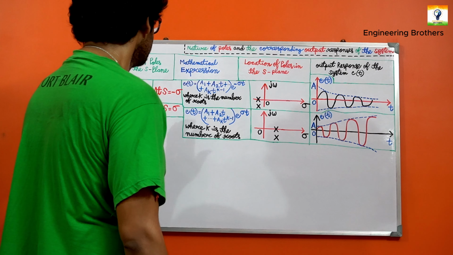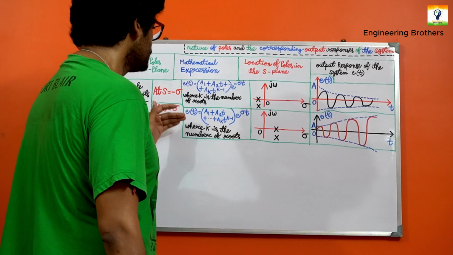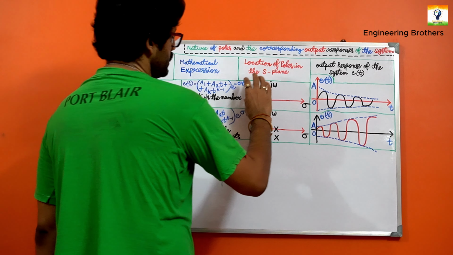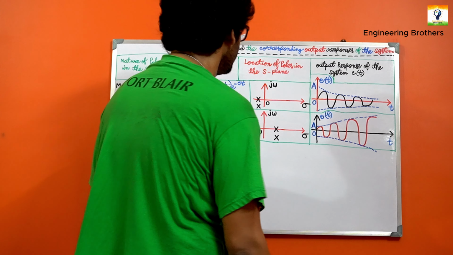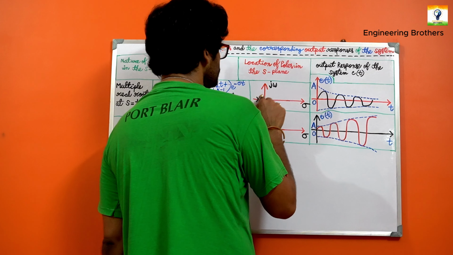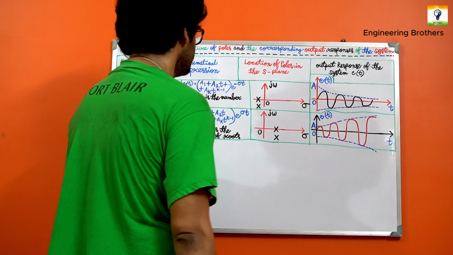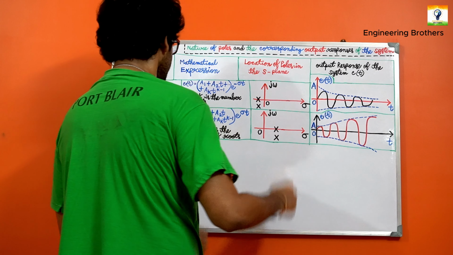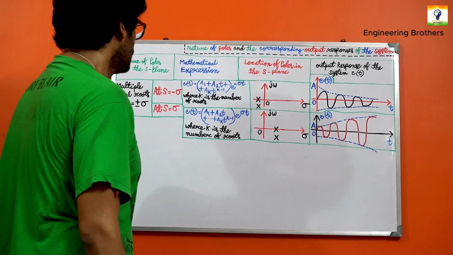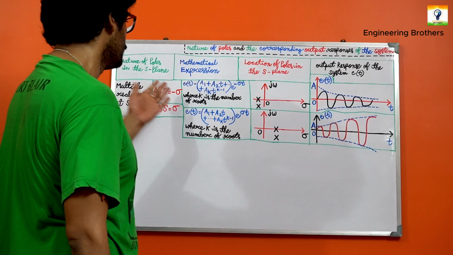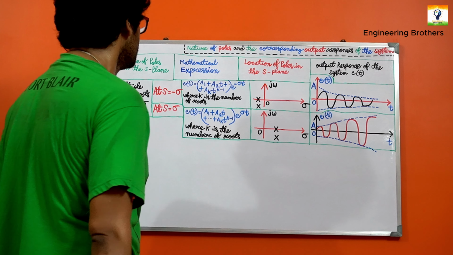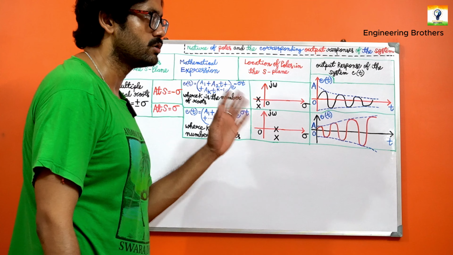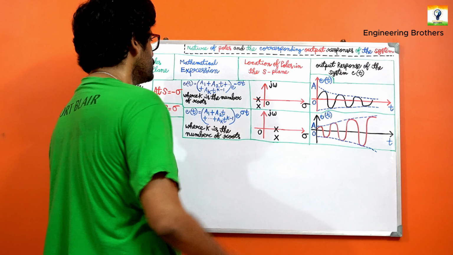In the s-plane, this is going to be minus sigma, and there are multiple poles at that same point. Whatever the value for this plotting, whether you choose minus 10, minus 9, minus 8, there are a lot of points, whatever the points may be.